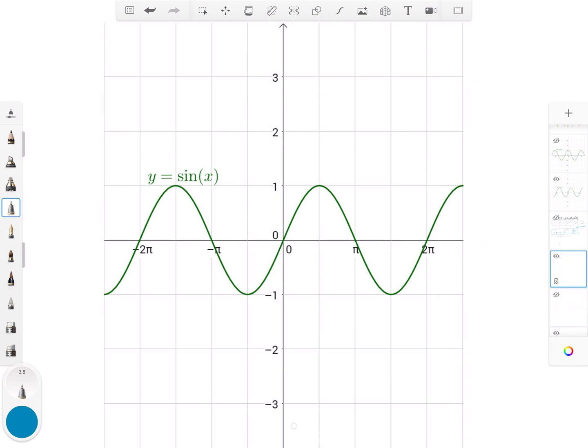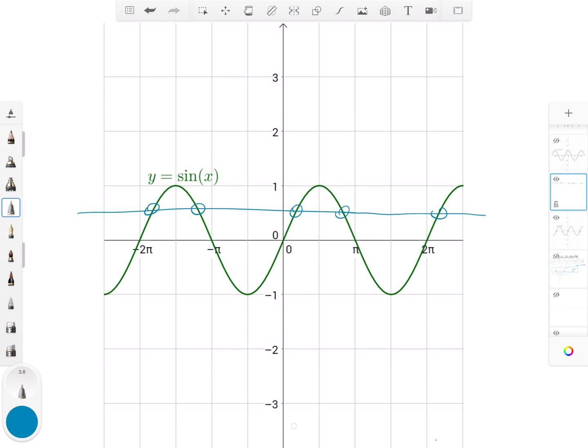We make a horizontal line test. This is a horizontal line test. It definitely crosses more than 1 point. So this is not one-to-one, and the inverse of sine is not a function.